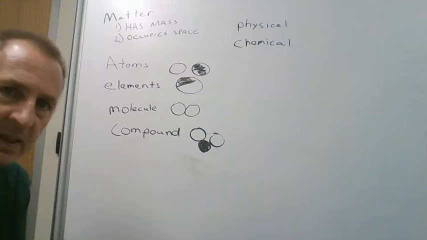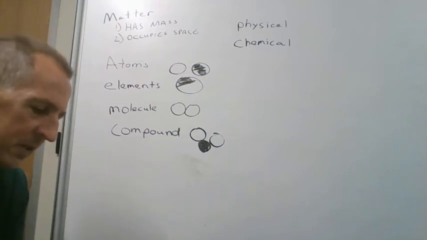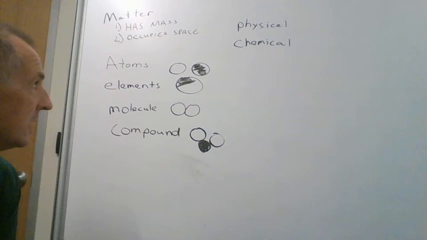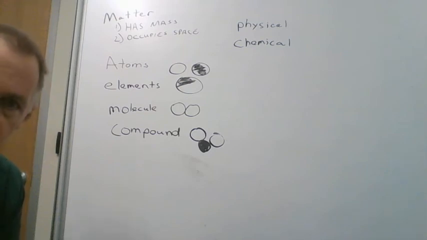And the main thing that distinguishes a physical change from a chemical change is that in a physical change, no chemical bonds are broken. We have the same elements or compounds that we started with as that we ended with. In a chemical change, a new compound will be formed, so there's actually a rearrangement of the atoms from the start of the change to the end of the change.